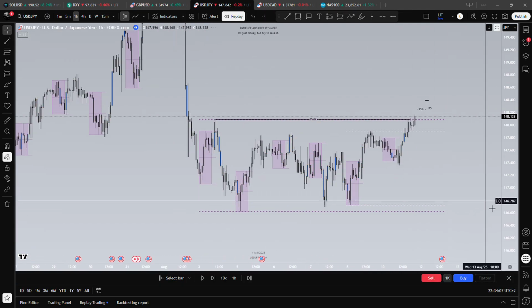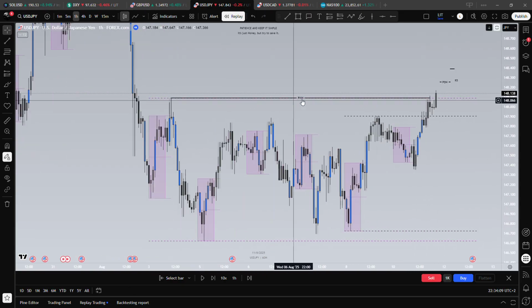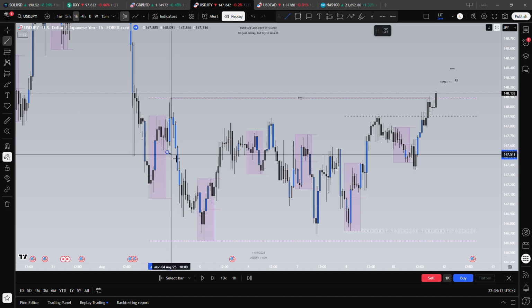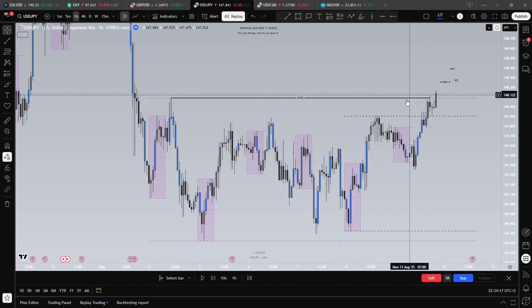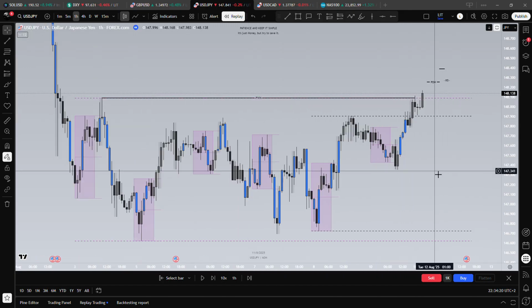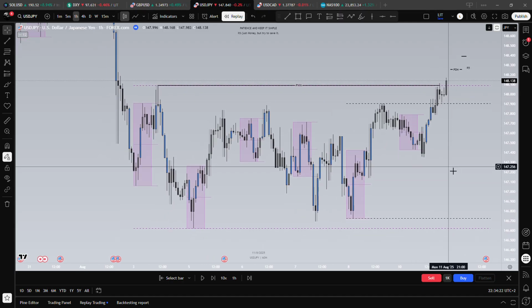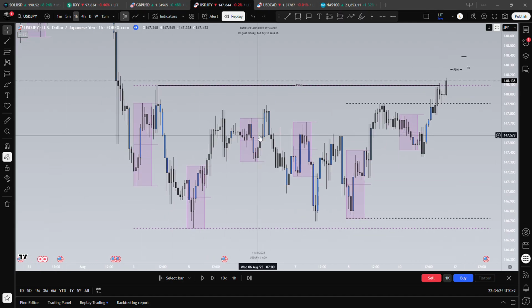So yesterday we had this previous weekly high with rally within H1 and everything here. So I expected this to be taken.